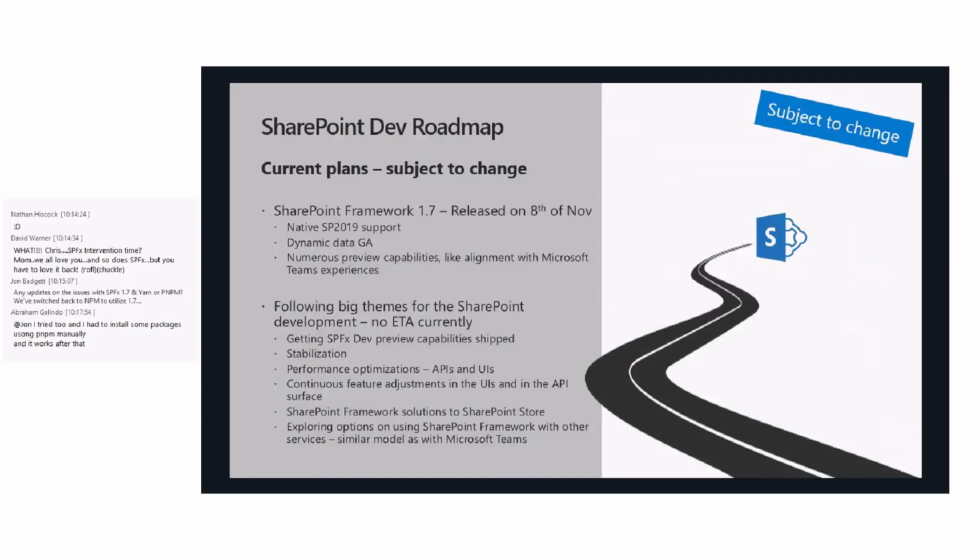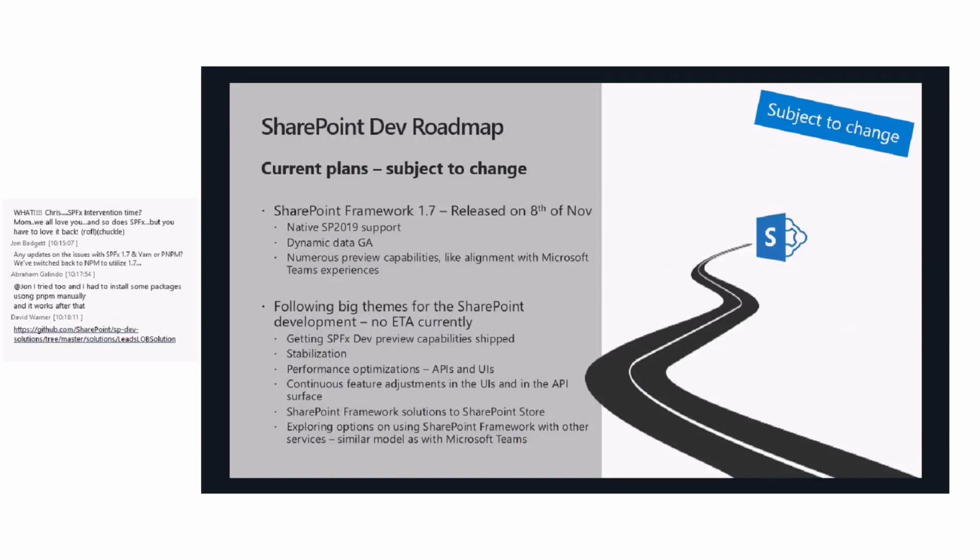And so I think this is the last slide in this section. This is the roadmap. Always, of course, subject to change. SharePoint Framework 1.7 was released on the 8th of November. Big themes for SharePoint development. So we have no ETA currently. Everybody kind of knows nothing really much happens in December. Folks are closing things out for the year and finishing some stuff up.